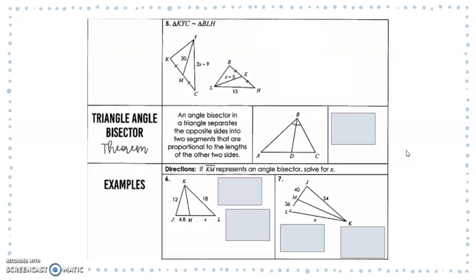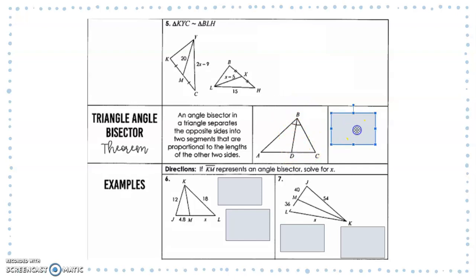So that says that an angle bisector in a triangle separates the opposite sides into two segments that are proportional to the lengths of the other two sides. So looking at this picture to the left here, we see that we have our angle bisector, and our bisector is BD, line BD.